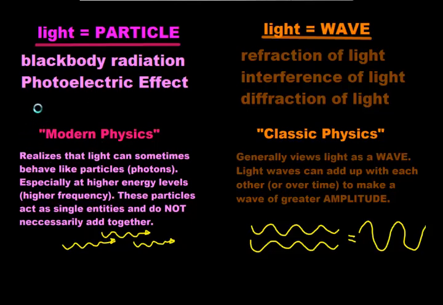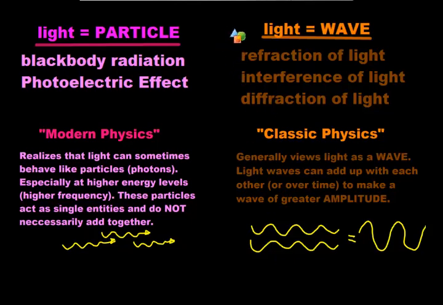Well, now what we have is also the modern physics view of light. Modern physics realizes that light can sometimes behave like particles or photons, especially at higher energy levels, higher frequency. These particles act as single entities and do not necessarily add together. So here I have several photons, and we can start picturing light as particles or pieces.